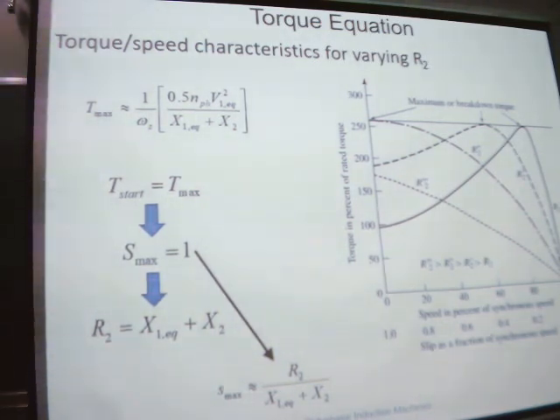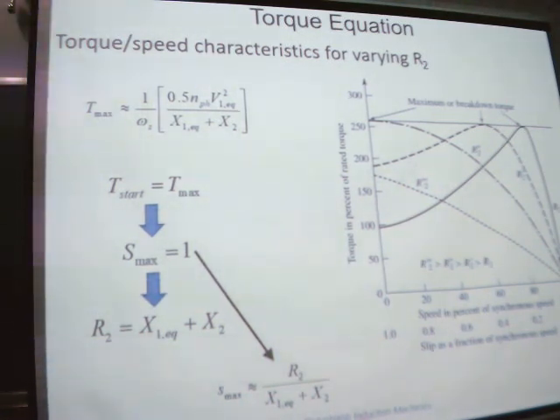This equation is obtained by setting S max equal to 1 in the above equation. So in order to start the induction motor at maximum torque, we need to have R2 equal to X1 EQ plus X2. This can be achieved with a wound rotor induction motor, because we can add an external resistance to the rotor.